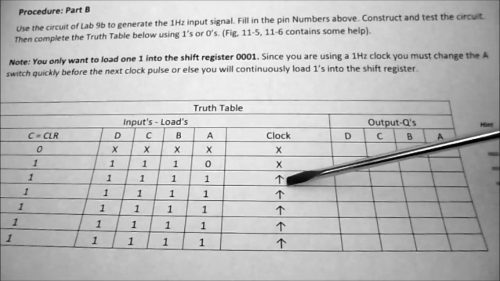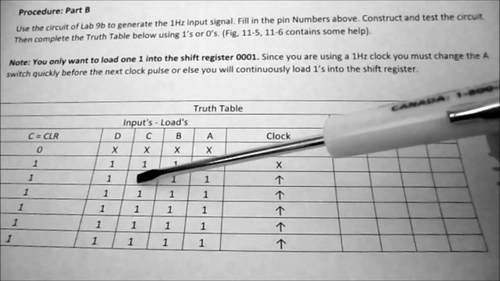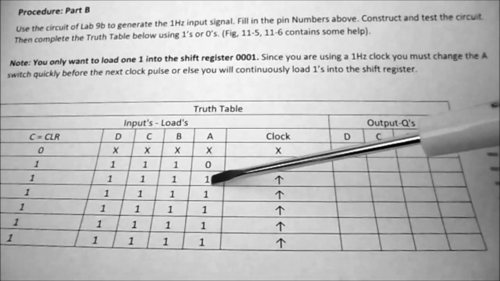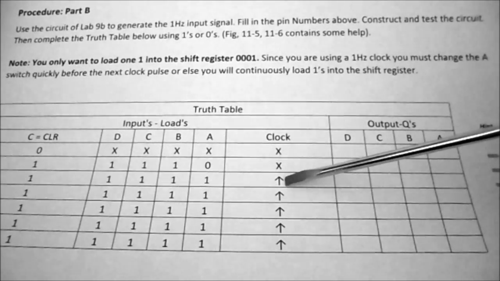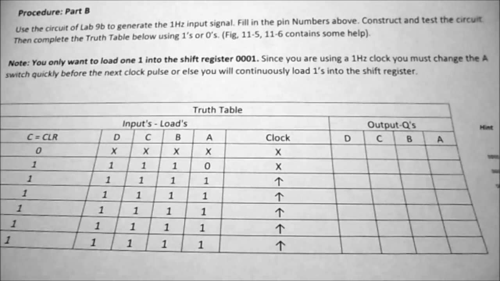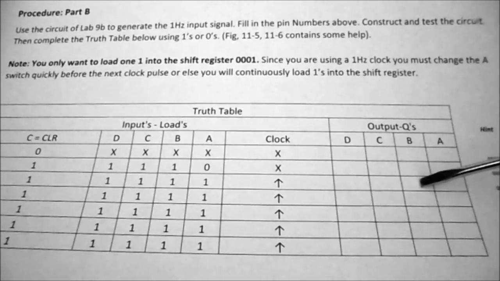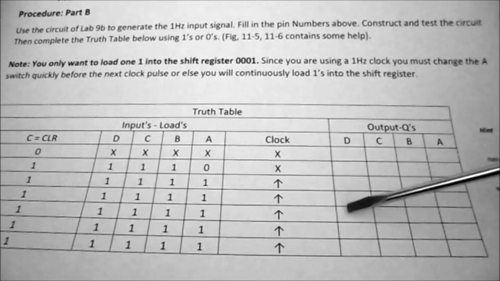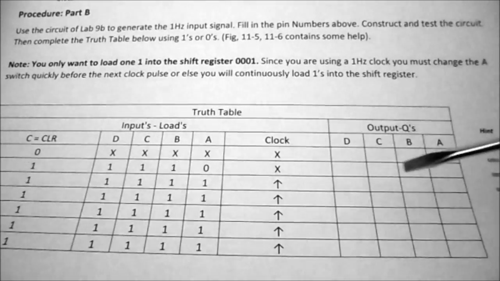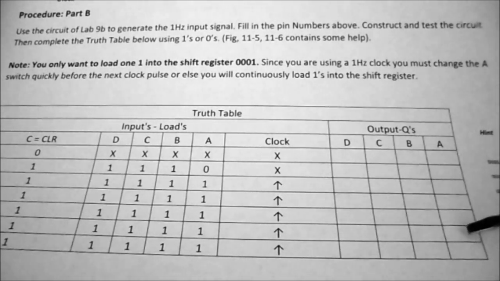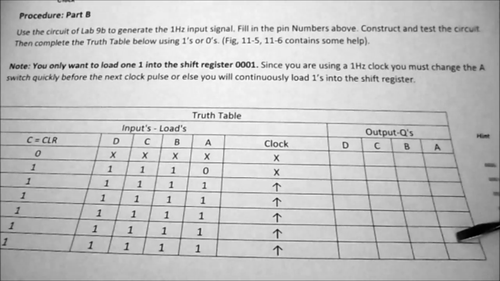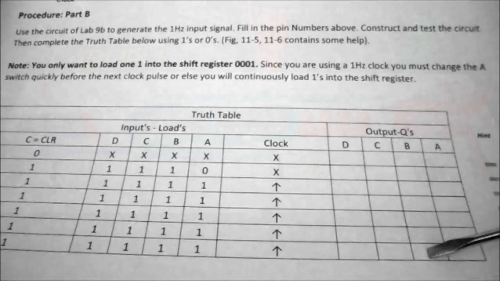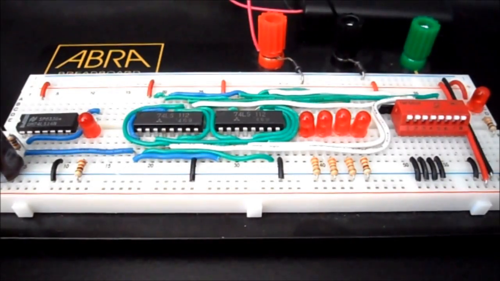And then after that, we're no longer going to be presetting or clearing any of our JK flip-flops. So on the next clock pulse, that 1 should shift into the B position, and then the C position, and then the D position. And then on the next line, it comes back to the A position, and then over to the B position.